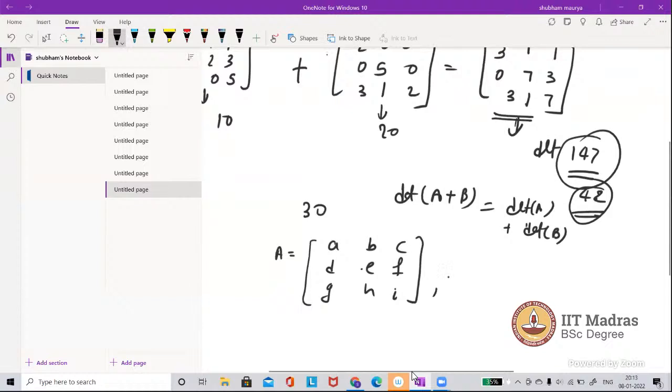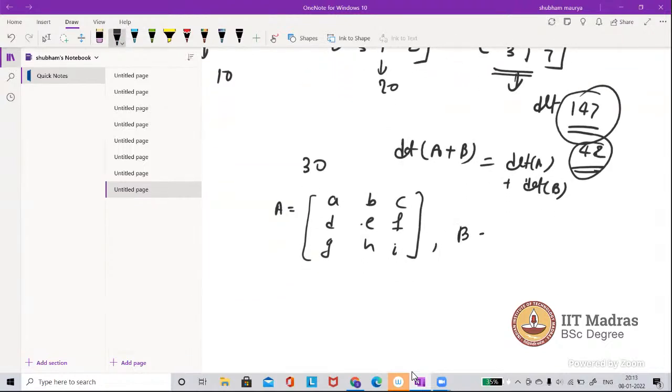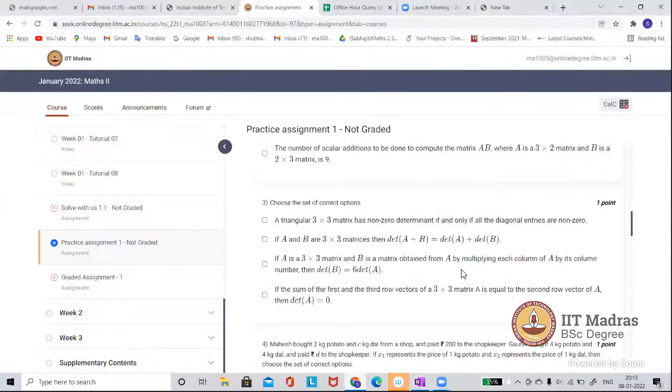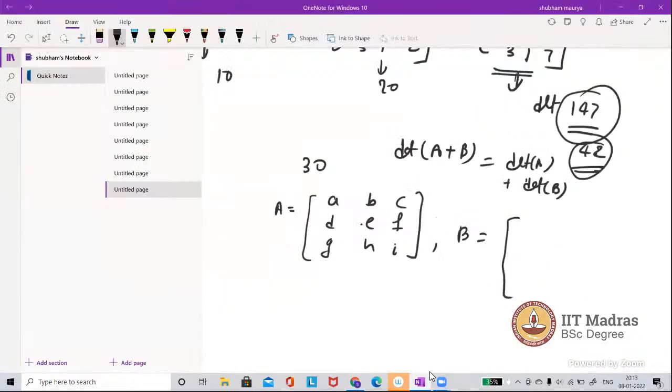and matrix B is obtained from A by multiplying each column of A by its column number. If you assume this is column 1, this is column 2, this is column 3, that's the usual way, or if you assume any other order, it will not depend on the order.